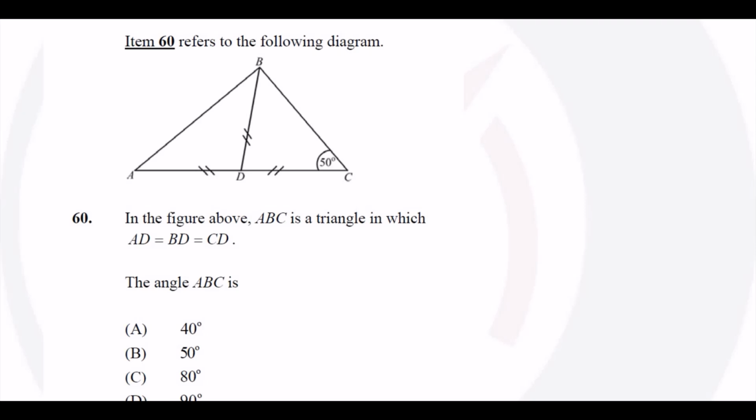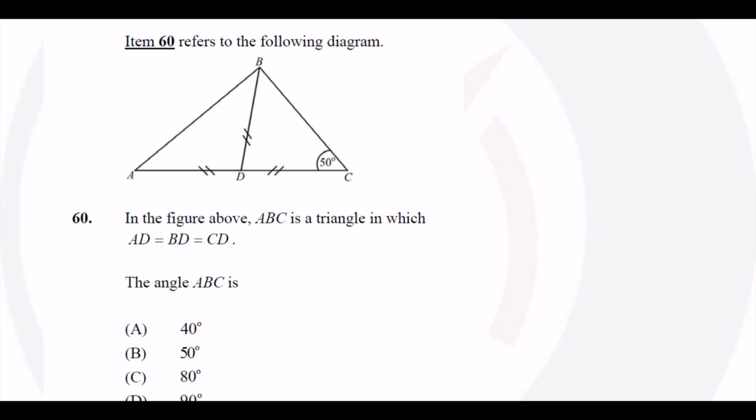Item 60, the final question, refers to the following diagram. In the figure above, ABC is a triangle in which AD is equal to BD, which is equal to CD. So let's work out the angle ABC.